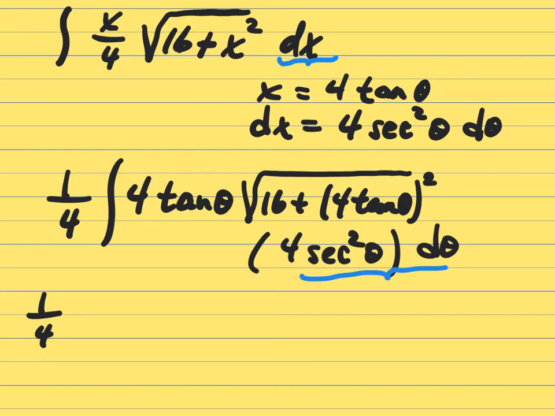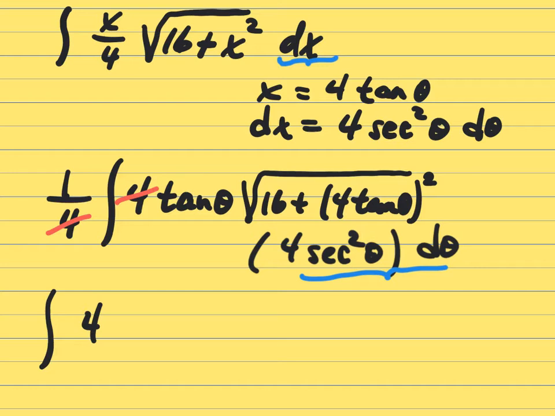Actually, let me erase that. That 4 and that 4 will cancel each other. Underlined in blue, we have 4 secant squared theta d theta.